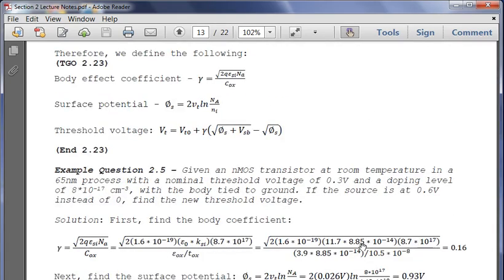The first equation is what's known as the body effect coefficient. This relates the permittivity of free space, the permittivity of silicon, the intrinsic carrier concentration, the charge, and the capacitance of the oxide. These are all important because you need to know how much we've doped the silicon that we're comparing in the body.